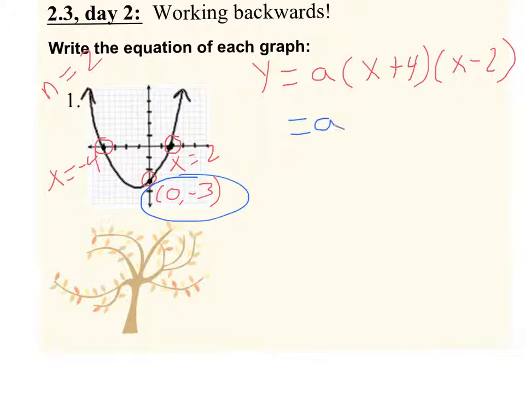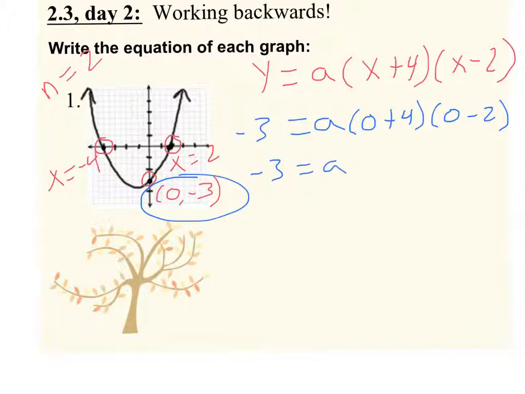My goal here is really to find a, but from that y-intercept, I know if I plug in 0 for x, y must be -3. Okay, because that's a point on the curve. If I put in 0 for x, it gives me -3 for y.